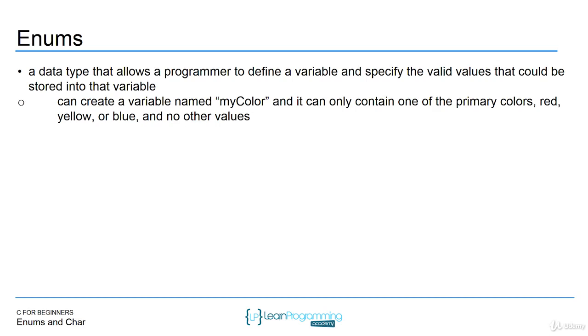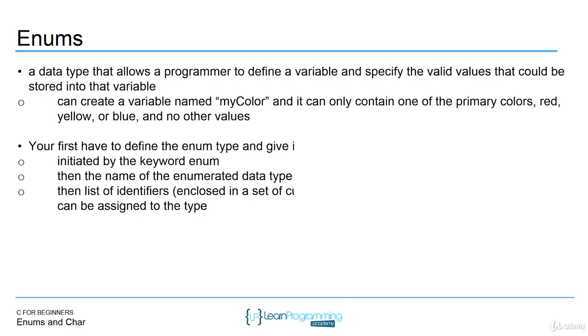So it's sort of like a data type that you can create, but you're going to have to define the data type, and then you're going to have to create variables of that type. So enum is the keyword. The first thing you have to do if you want to use this enum data type is define that enum type and give it a name, just an identifier, just like a variable name.